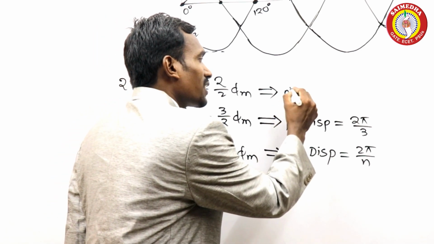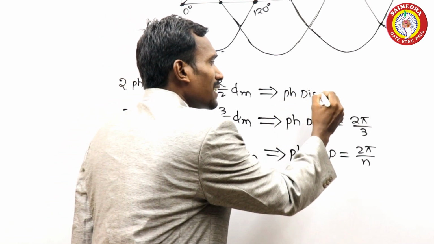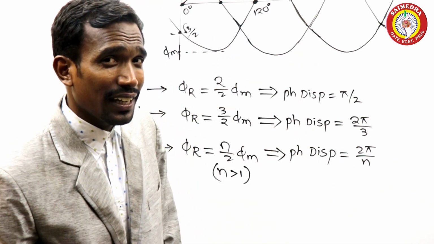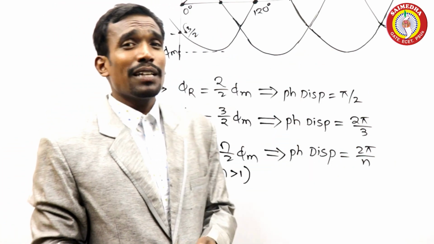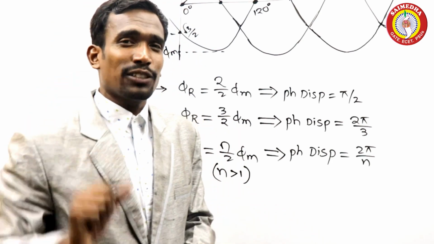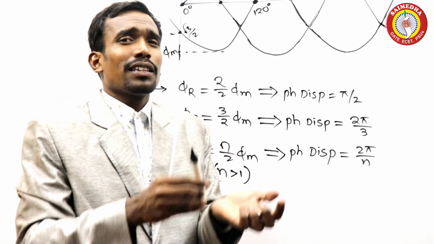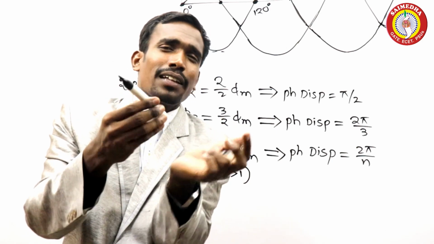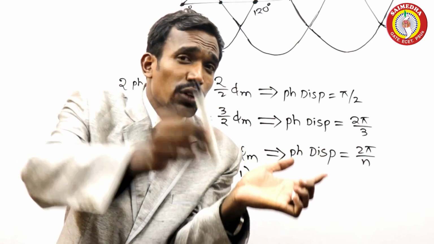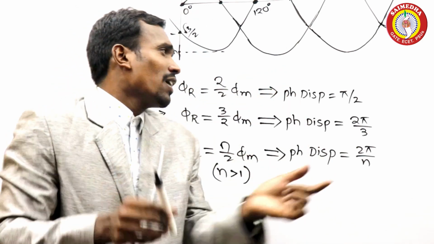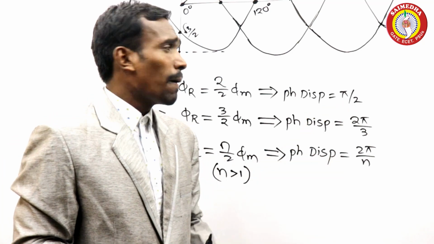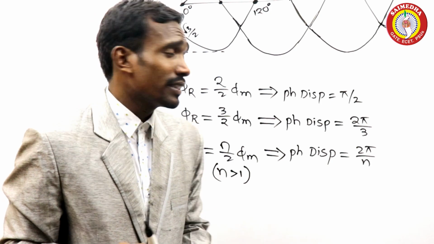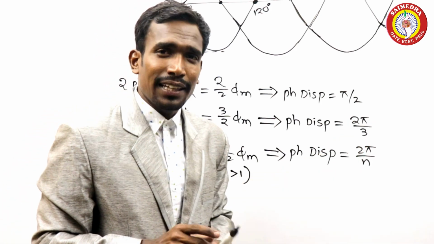For a 2-phase system, the phase displacement is just pi by 2 radians, that is 90 degrees only. We have only two phases, right? The phase displacement between those two phases is 90 degrees, nothing but pi by 2. But in a 3-phase system, 2 pi by 3, 120 degrees. For an n-phase system, 2 pi by n.